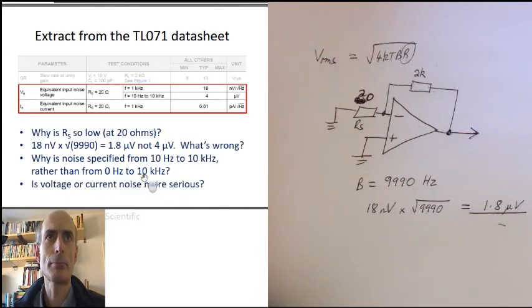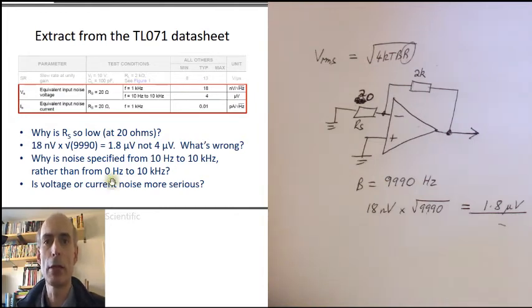Right. So, why specify it from 10 Hz to 10 kHz and not from 0 to 10 kHz? The answer is it's quite difficult to measure noise below 10 Hz. You'd have to measure it for quite a long amount of time to get an accurate measurement. And a lot of applications aren't interested in very, very low frequency noise.